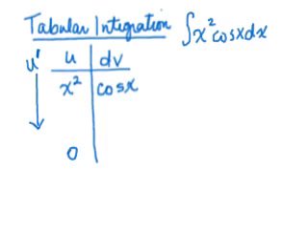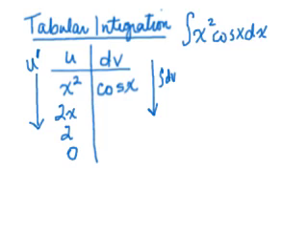And then this side, we're going to take antiderivatives until we reach the same line as the 0. So we're going to start with derivatives. So the derivative of x squared is 2x, and the derivative of 2x is 2, and the derivative of 2 is 0.